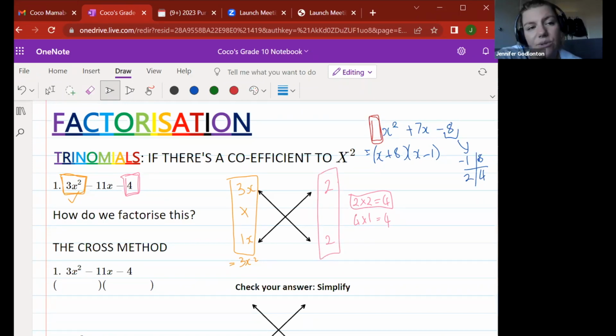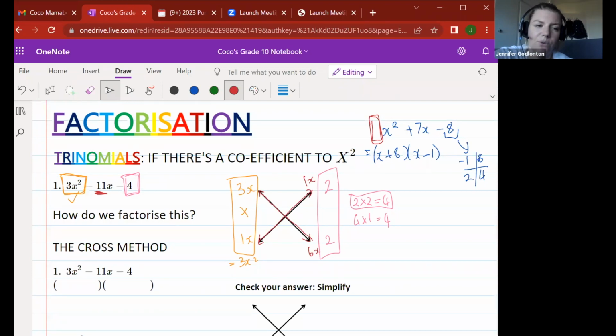Now we have to take into account our cross method. When we have our crisscross, the reason we draw those arrows like that is because that's the way we multiply. So we say 3x times 2, that's going to give me 6x. And here I'm going to have 1x times 2, that's going to give me 2x. Would it be possible for me to get to 11x with a 2x and a 6x?